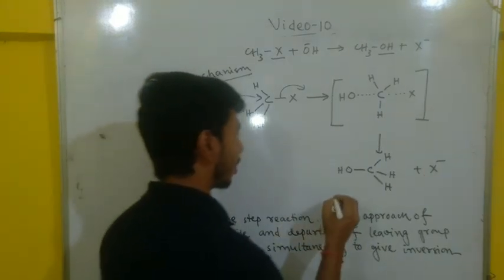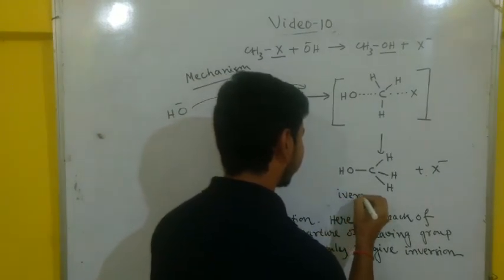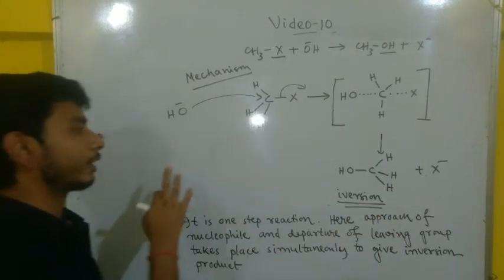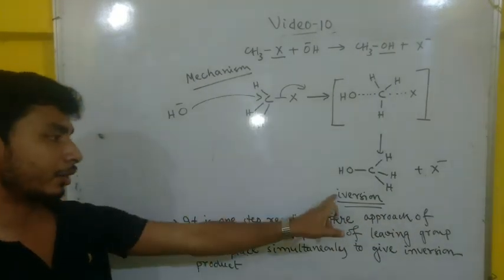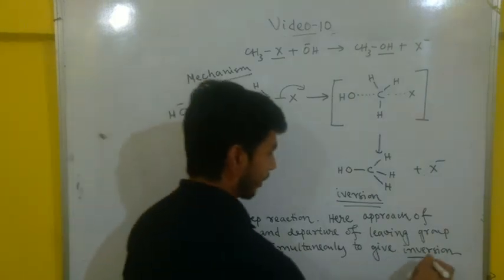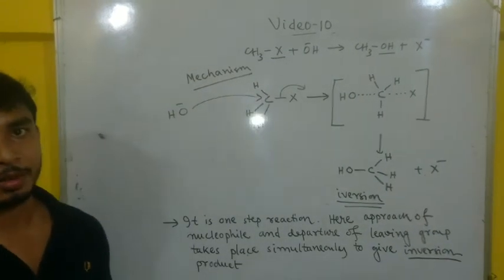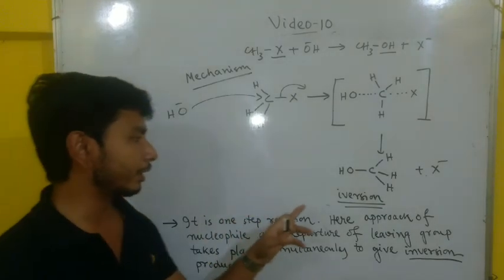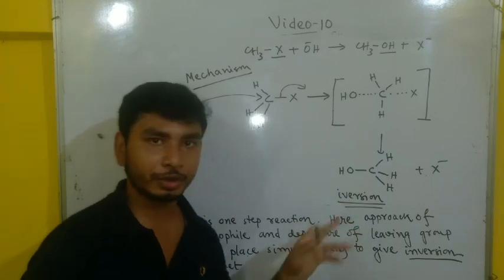That is called inversion. So in SN2 reaction we get the inversion product. SN1 reaction gives the racemic product, but SN2 reaction gives the inversion product.